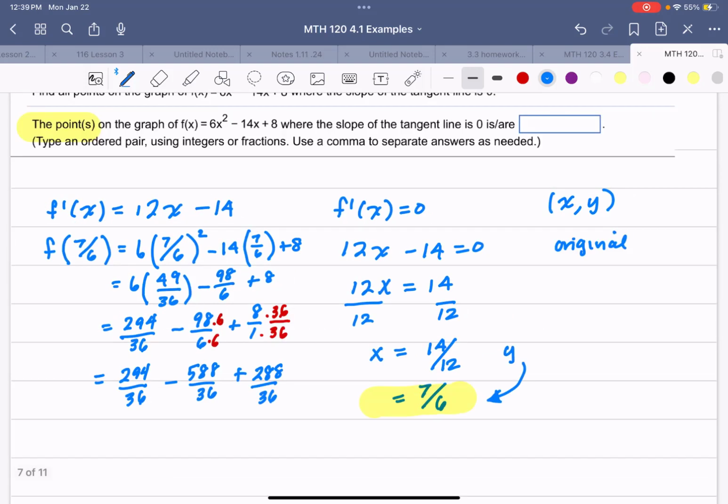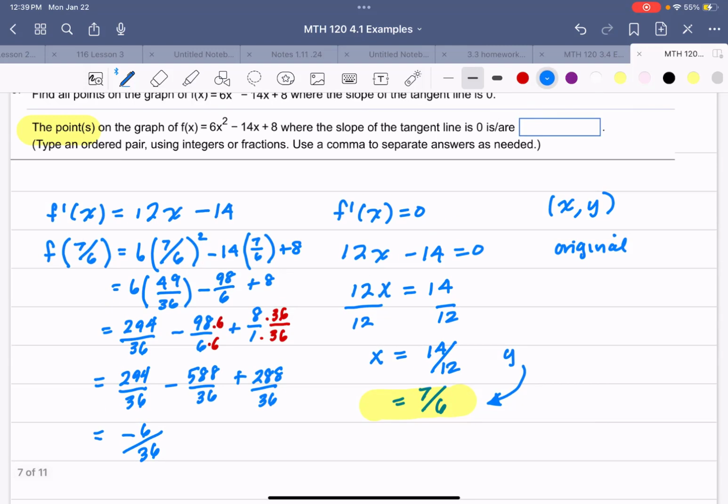So combining 294 minus 588 plus 288, I end up with negative 6 over 36, and that reduces to negative 1/6. So the ordered pair is x is 7/6 and y is negative 1/6.